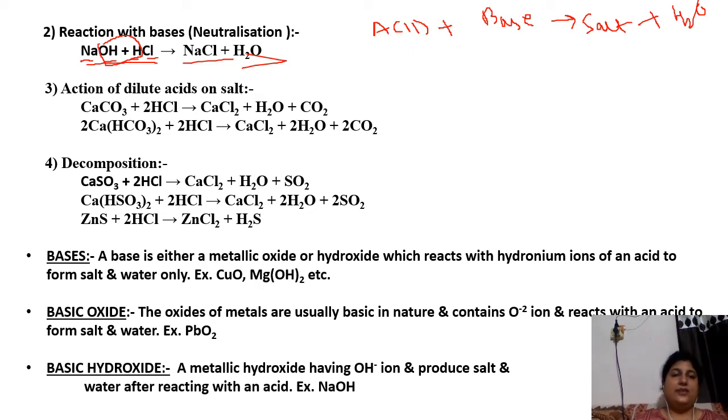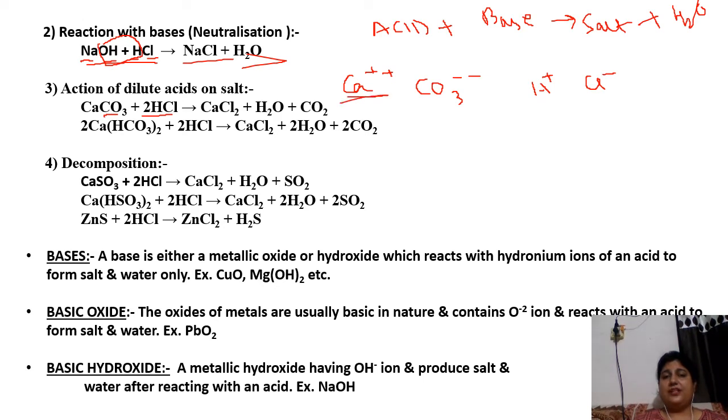The next one is the action of dilute acid on salt. Dilute acid on a salt. Calcium carbonate plus HCl. Calcium carbonate will split up into Ca plus 2 and carbonate ion CO3 minus 2. Similarly, HCl breaks into H positive and Cl negative.